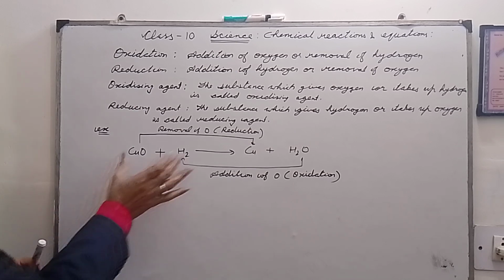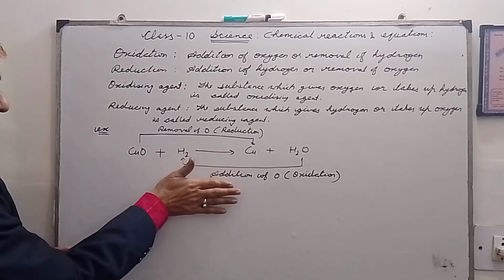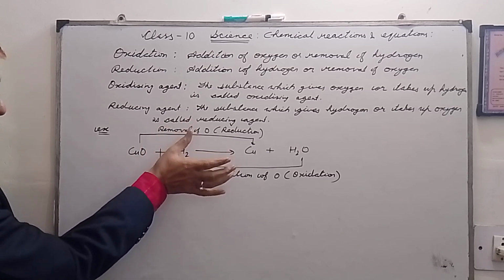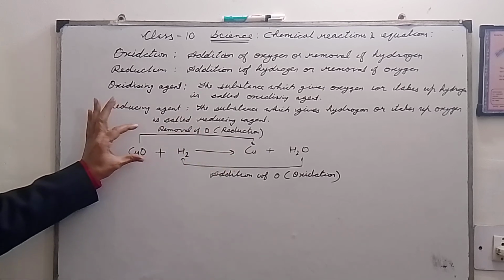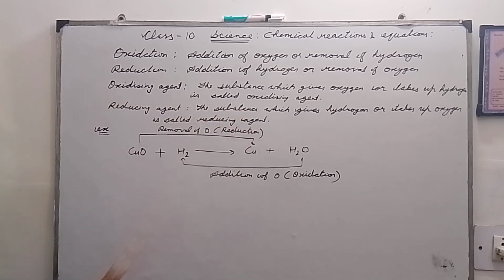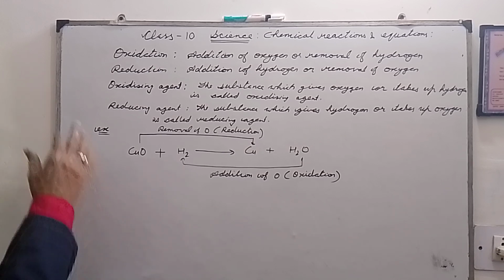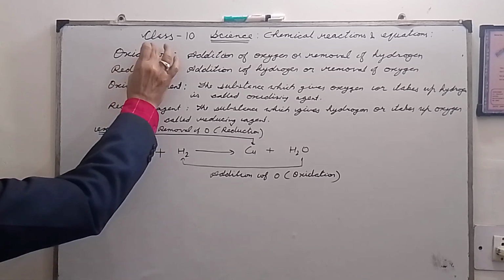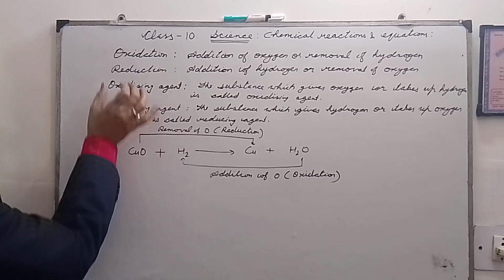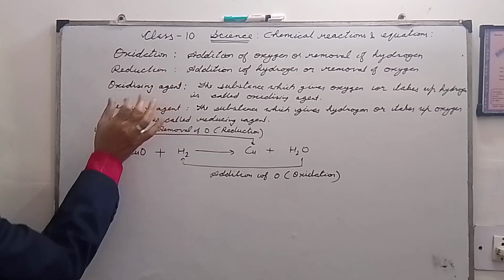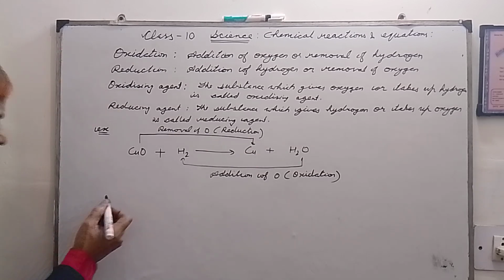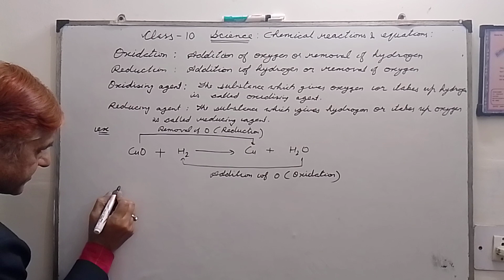Now you can understand that in this particular reaction both processes are simultaneously taking place, so this reaction is an oxidation and reduction reaction. Oxidation we have shown here in this equation, reduction we have shown. Now we will understand what is oxidizing agent here.